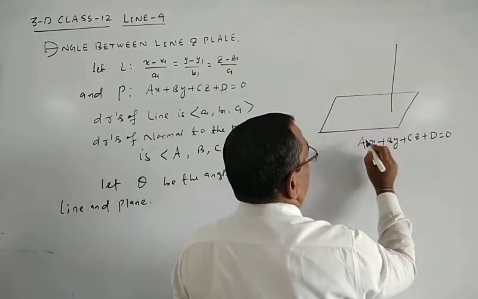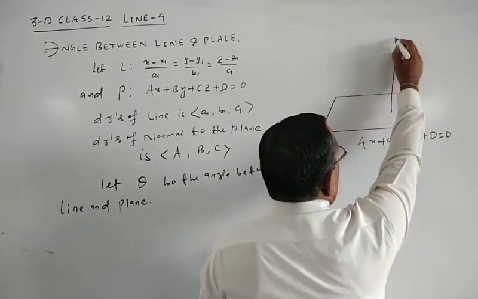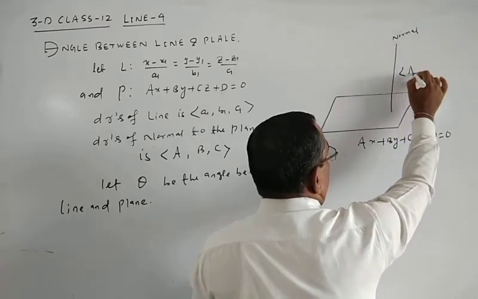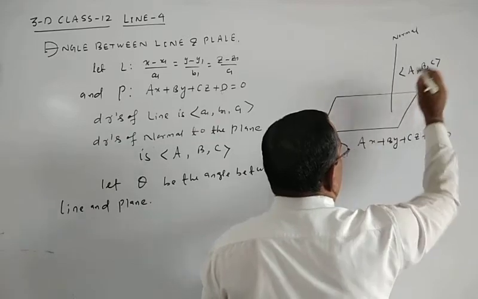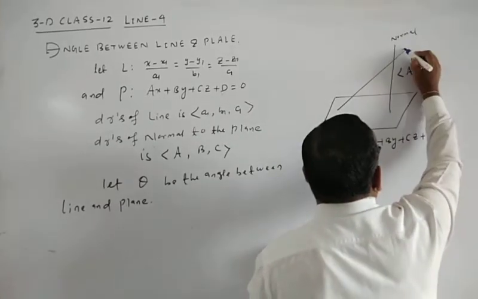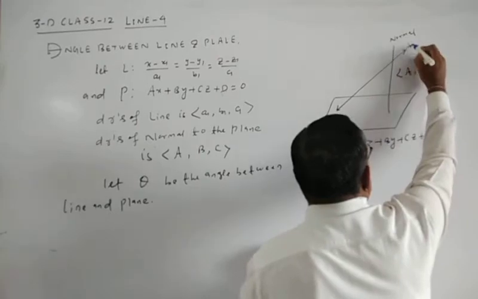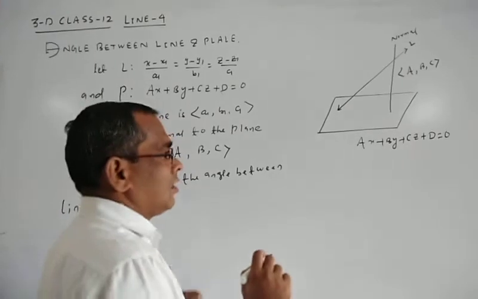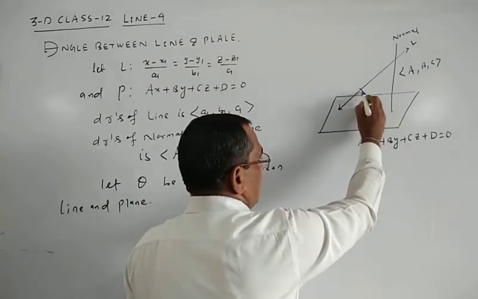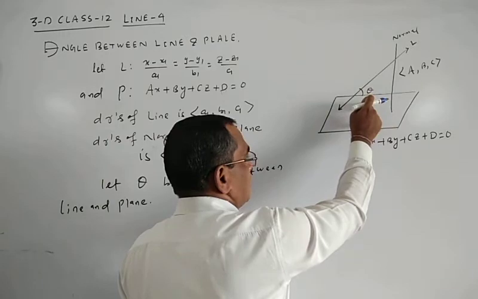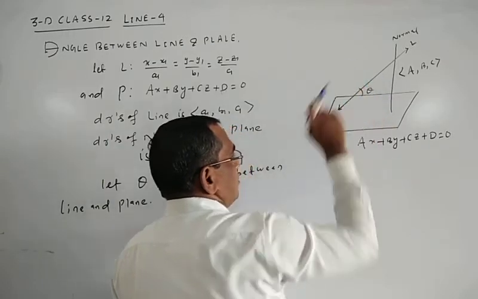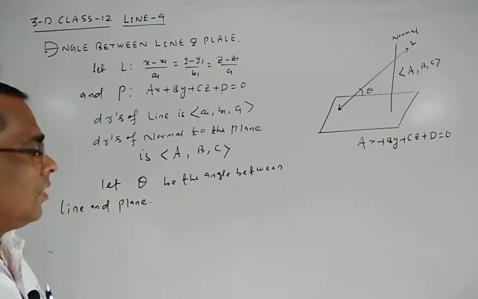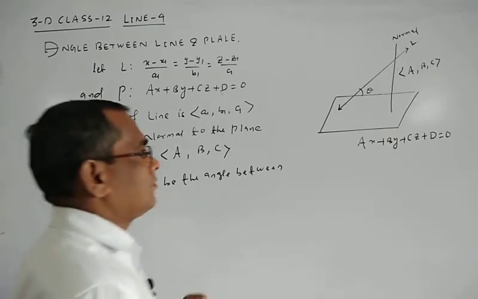This is the normal to the plane, and its direction ratio is capital A, B, C. Suppose this is a line, and its direction ratio is a1, b1, c1. Suppose this angle is theta. Here theta is the angle between the line and the plane. So actually we find the value of theta, the angle between the line and the plane.